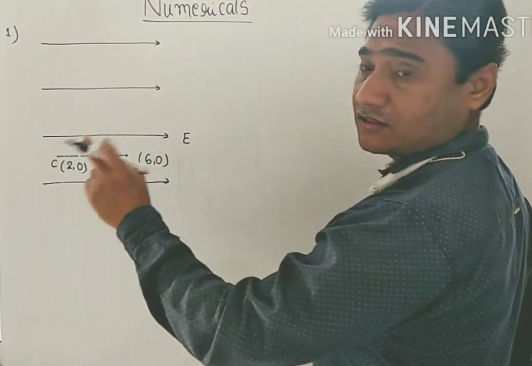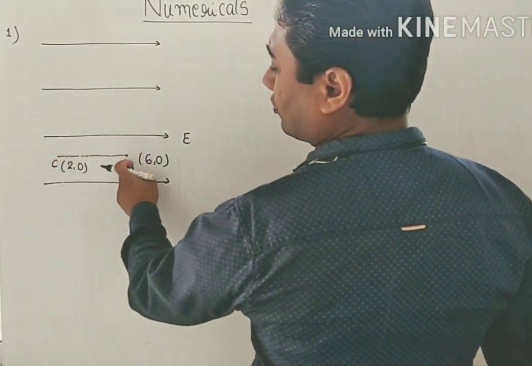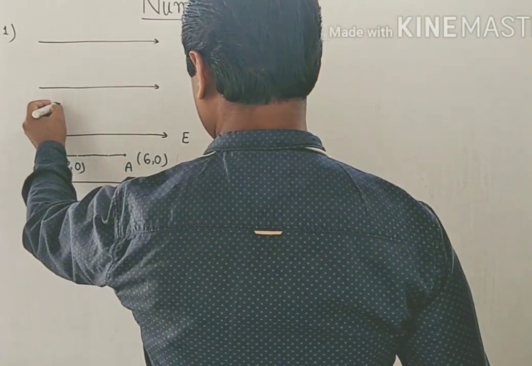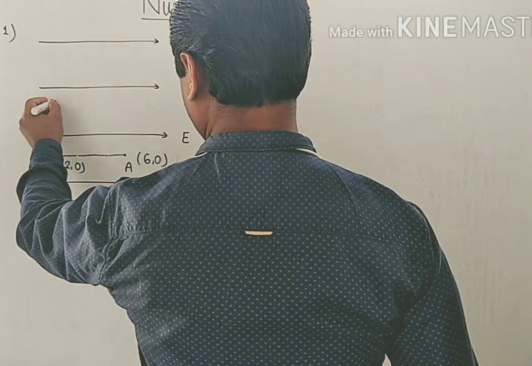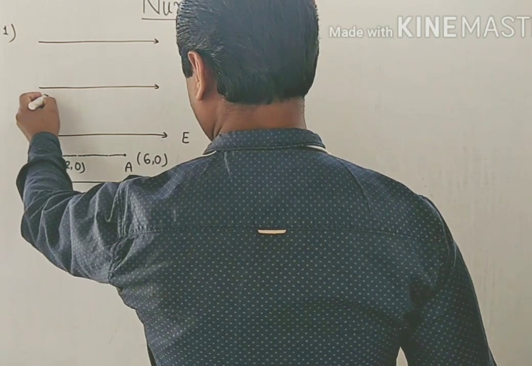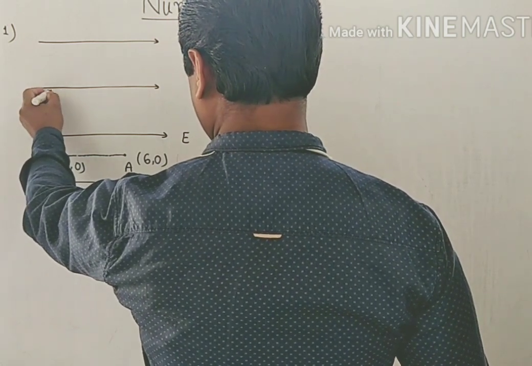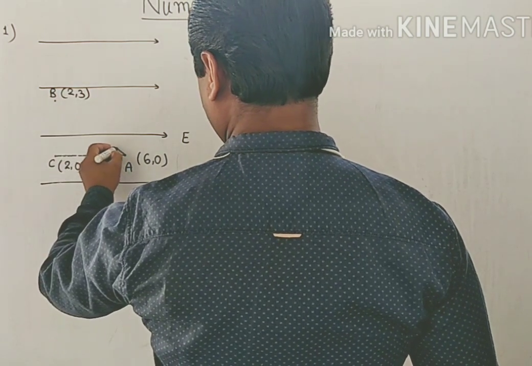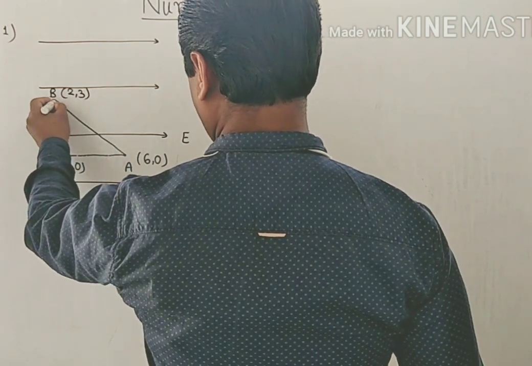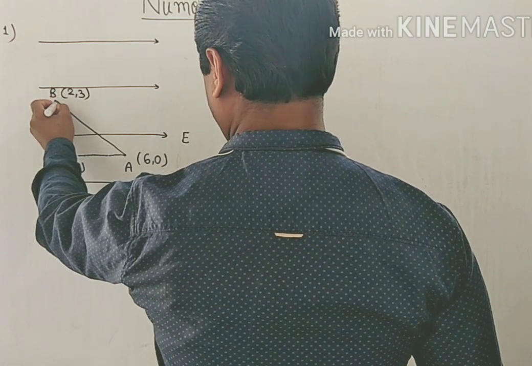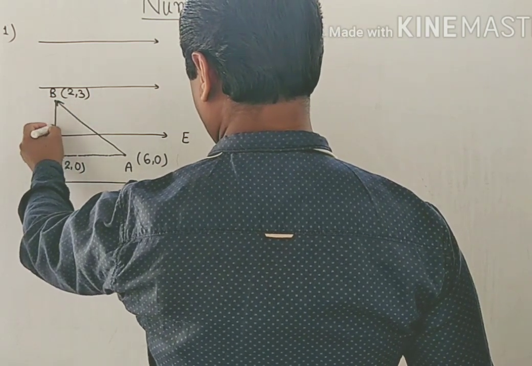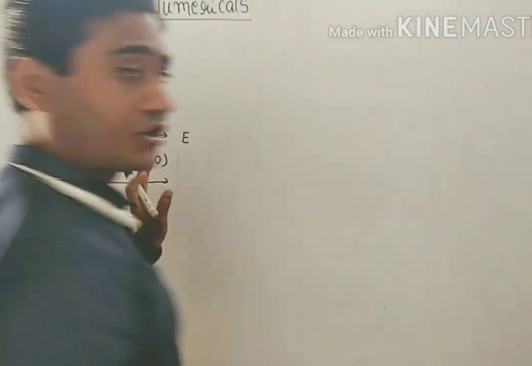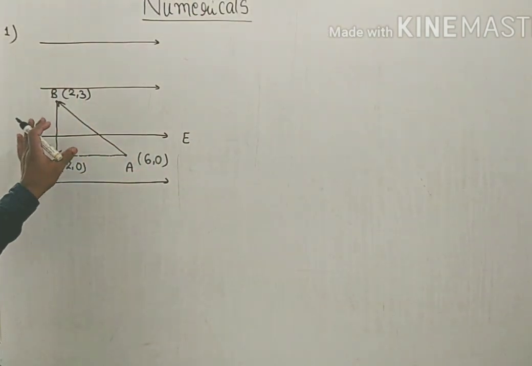So it is brought from point A via B. B has coordinates (2, 3). First the test charge is brought from A to B, and then from B to finally C. So this is the question, students.